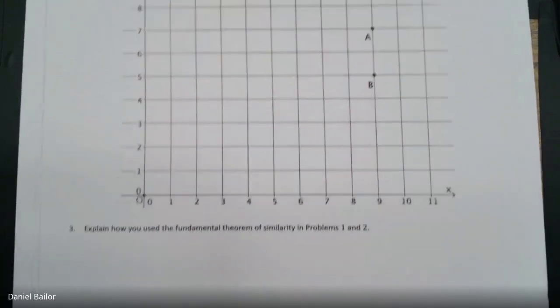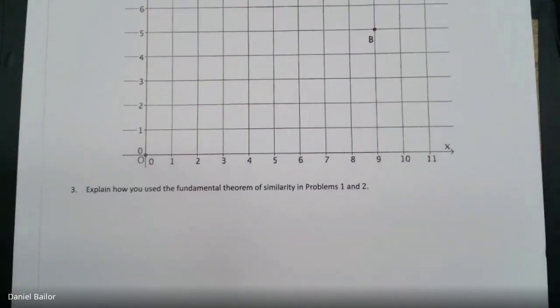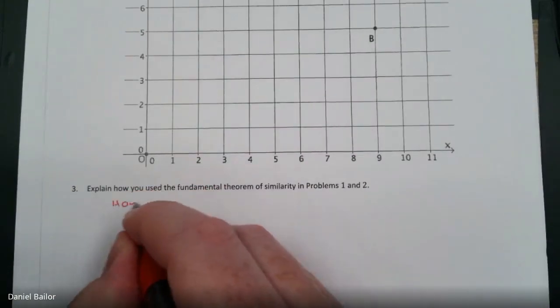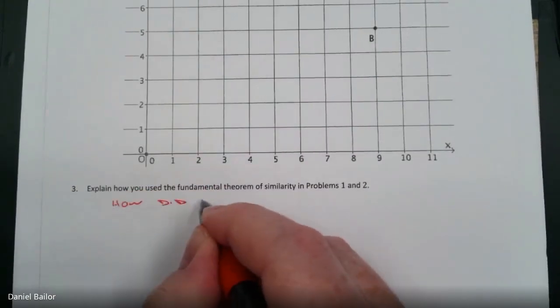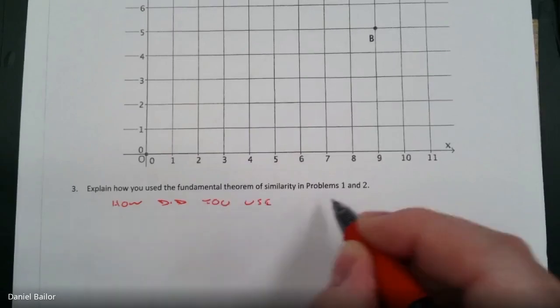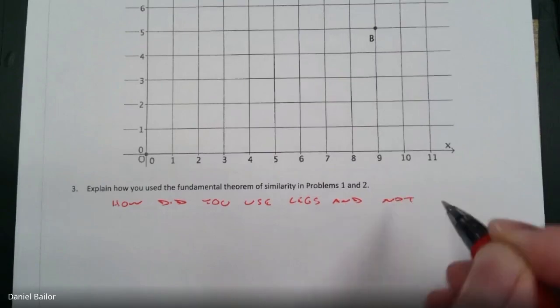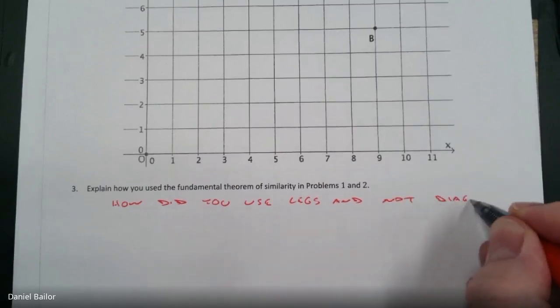And then number 3 says, explain how you use the fundamental theorem of similarity in problems 1 and 2. That's just asking how did you use legs and not the diagonal? Why is that okay?